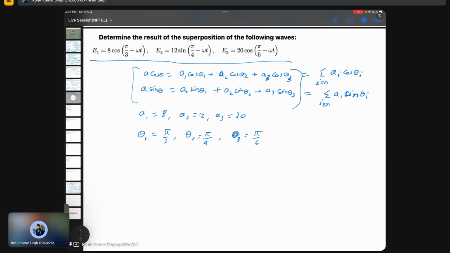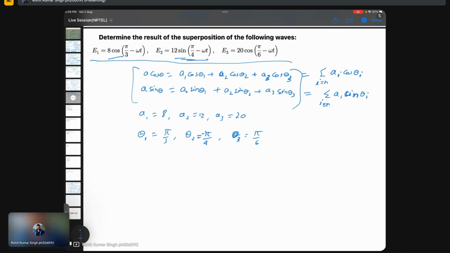Now someone will say, sir, here it is pi by 3 minus omega t, so theta 1 should be minus pi by 3. But it doesn't matter, because, oh sorry, it will matter, because this is cos and this is sine. So for cos it is okay, then for sine it will be minus pi by 4. You understand?